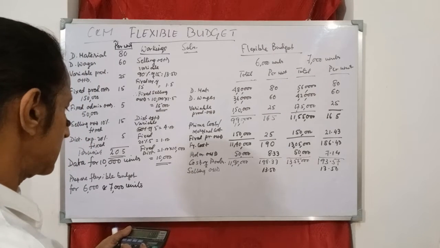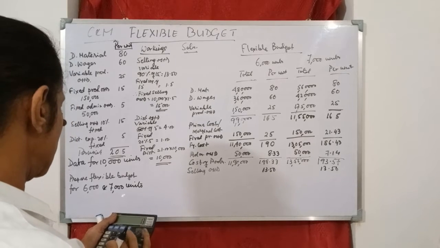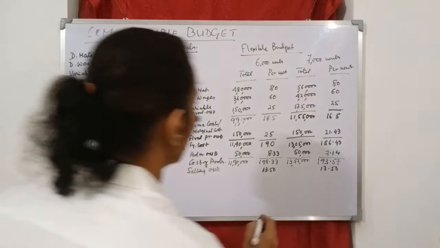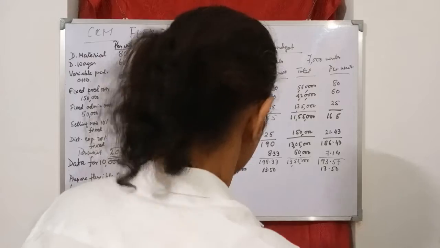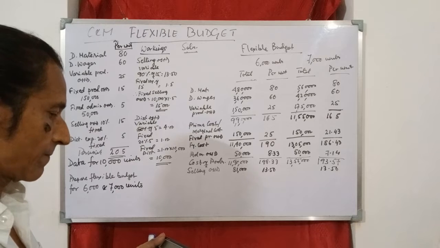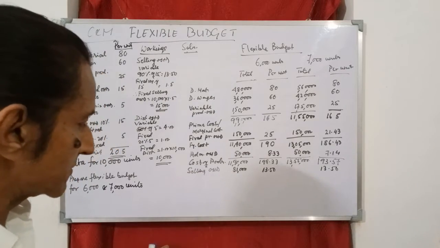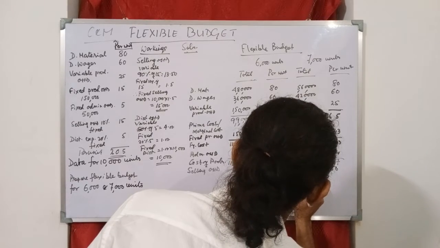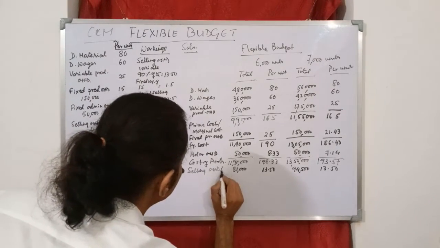So 6,000 into 13.50, we get 81,000. And here 13.50 into 7,000 gives us 94,500. So we have found out the variable part of selling overhead.